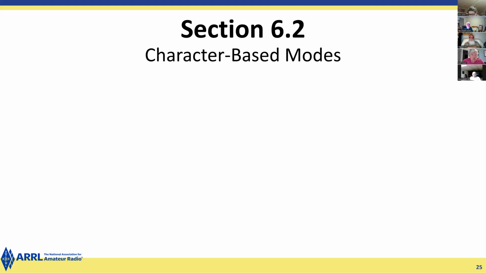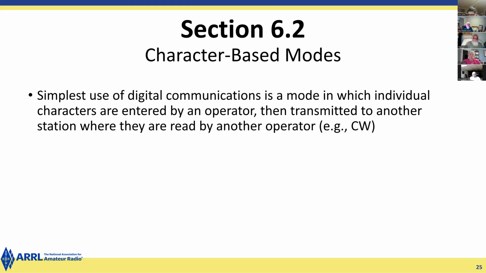Okay, character-based modes, which is probably the last we're going to hear about voice for this lesson. The simplest use of digital communications is a mode in which you sit at a keyboard and you transmit individual characters to another station where they're read on a screen. Now, CW is one such mode, but things like radio teletype and PSK31 are the real digital modes we're going to talk about.